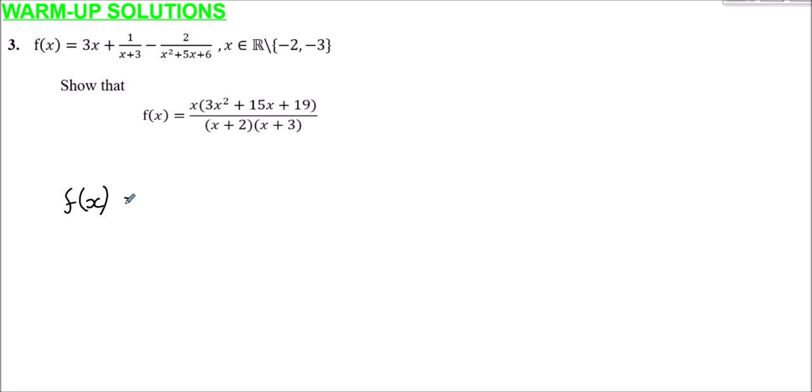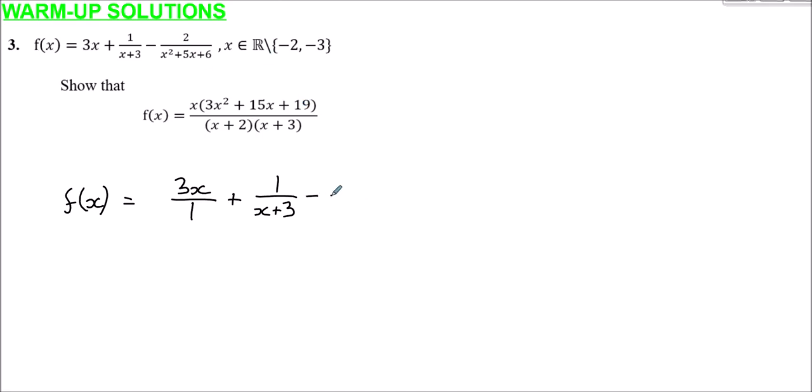So f of x, I'm going to rewrite the 3x as 3x over 1. This I'm just going to write as it is exactly, so that's 1 over x plus 3. This here, again, the clue is in the question. This will factorise into x plus 2, x plus 3. Whoops, that's a minus, almost forgot.